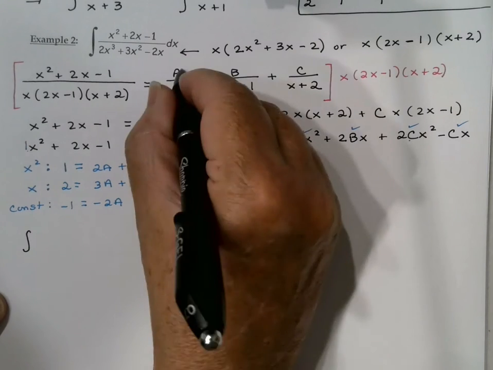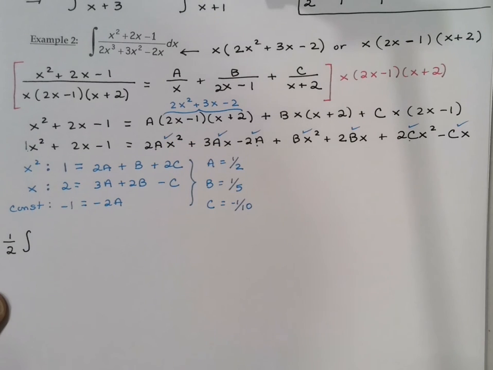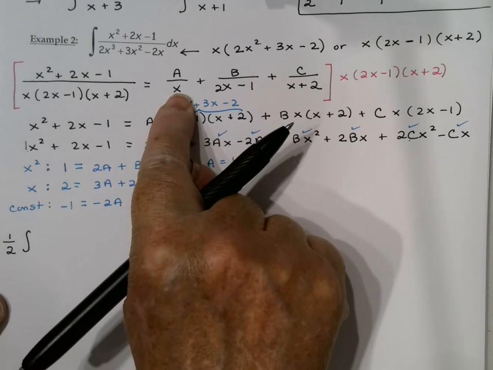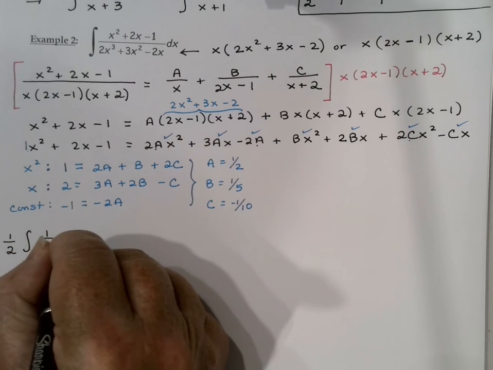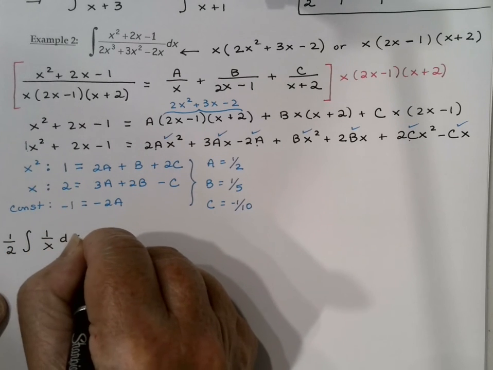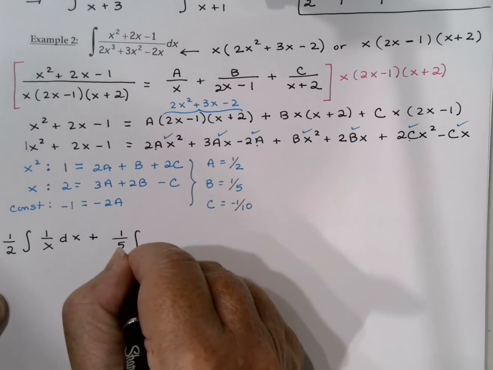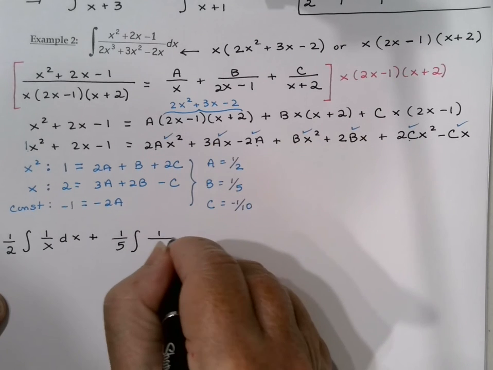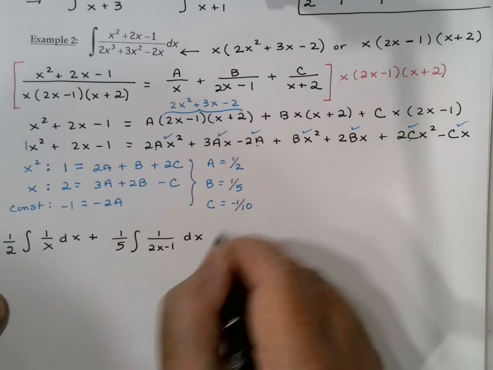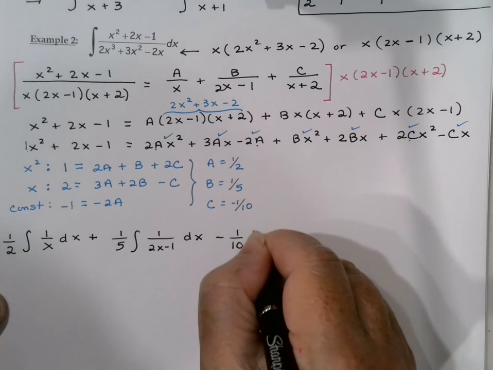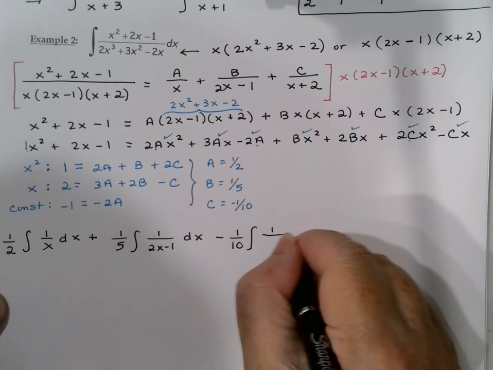A is 1/2, and in fact, I often like to pull the constants out in front. I didn't do it last time, but I will this time. So if the 1/2 comes out in the front, that's just 1 over x. B is 1/5, and then that becomes 1 over 2x minus 1. And C is negative 1/10, and that one becomes 1 over x plus 2.